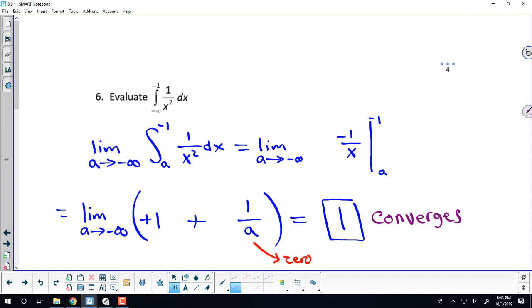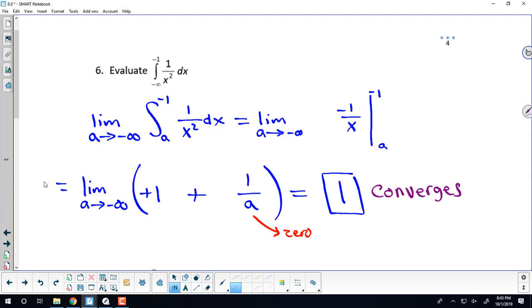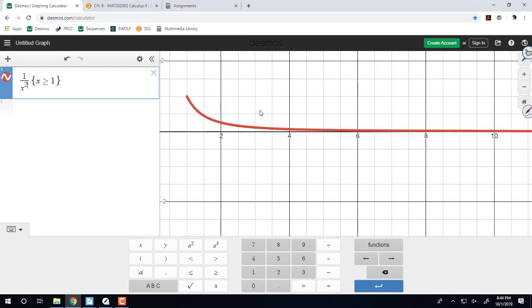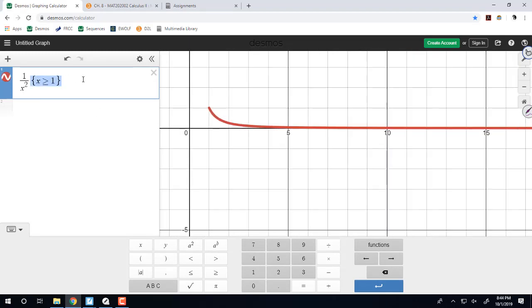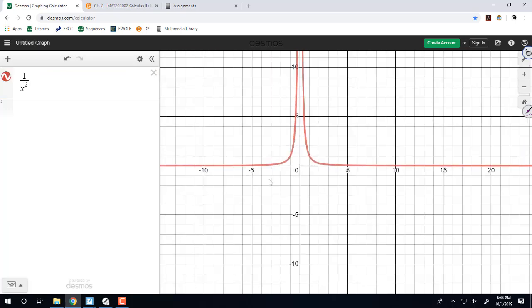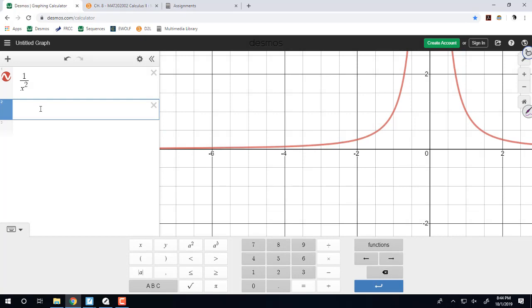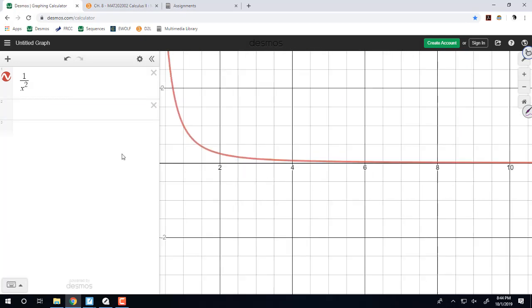Which is kind of weird. 1 over x diverged, 1 over x squared converges. Well, I guess we could take that off, but either way, it's symmetric. Let's look at the positive side since it's symmetric.